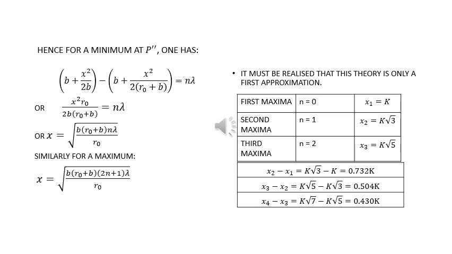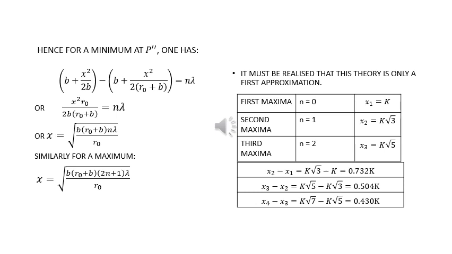If we tabulate the results, we will get the first maxima for n equal to 0, in which case x1 is equal to some constant, say k. The second maxima at n equal to 1 will give us the value of x2 equal to k root 3. And the third maxima at n equal to 2 will give us x3 equal to k under root of 5.